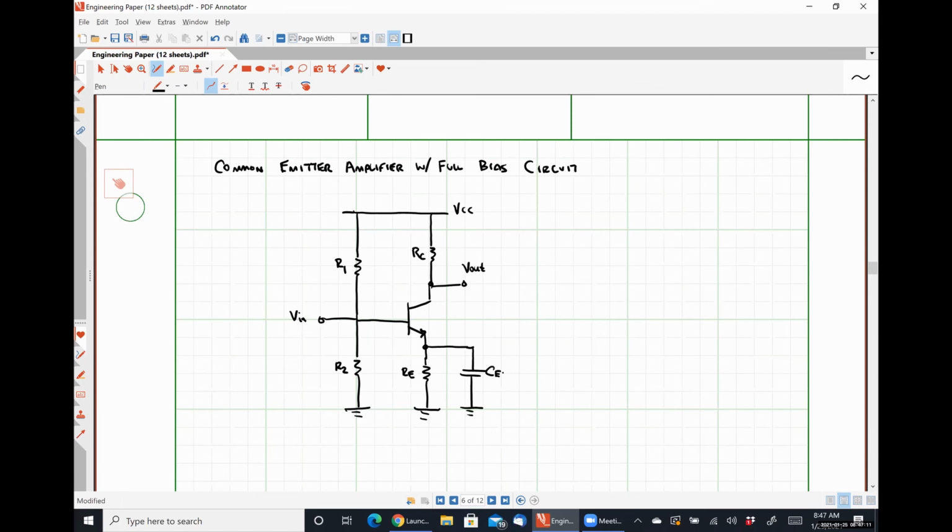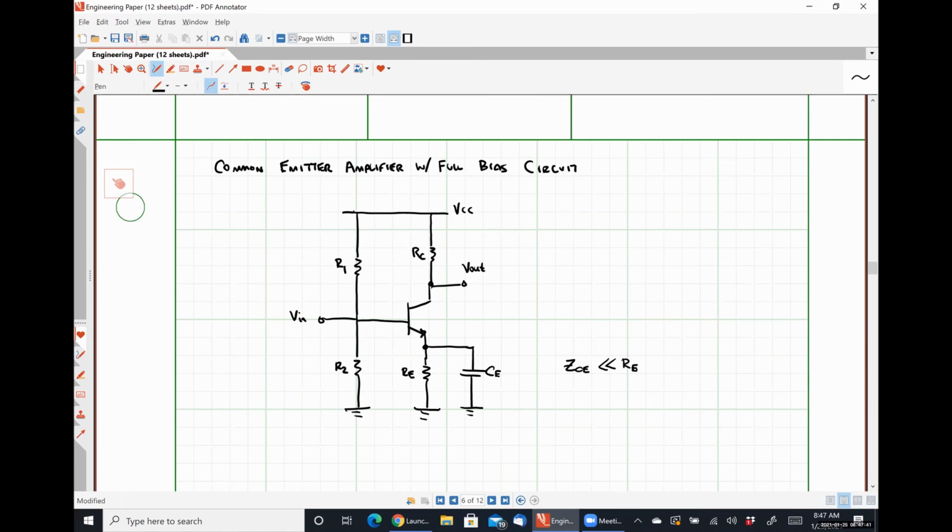CE, yeah. So what that capacitor does, and it has to be sized large enough such that ZCE needs to be much smaller than RE at our frequency of interest. All right.